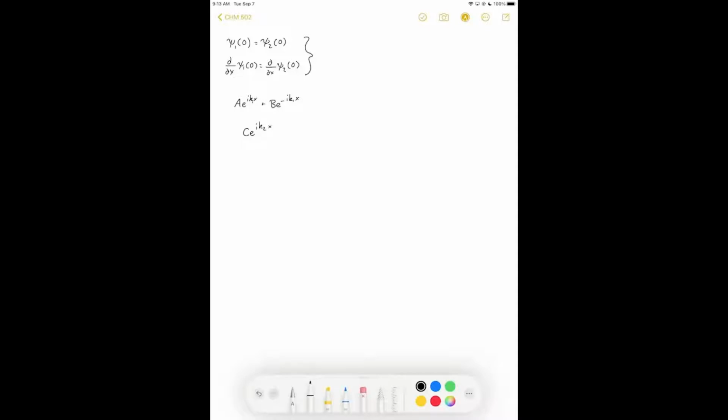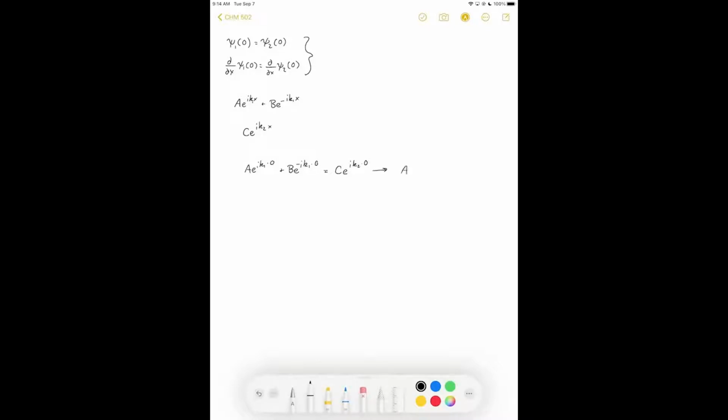So we can substitute these values in and set these equations equal to each other. For the first part, we'll get a e to the ik1 times 0, which is of course just a, plus b e to the negative ik1 times 0, and that's supposed to be equal to c e to the ik2 times 0.